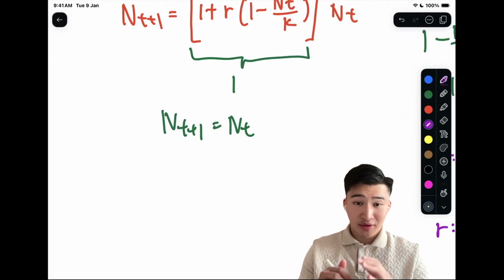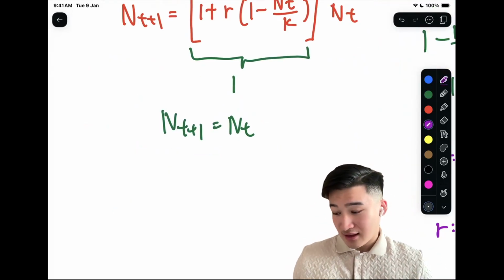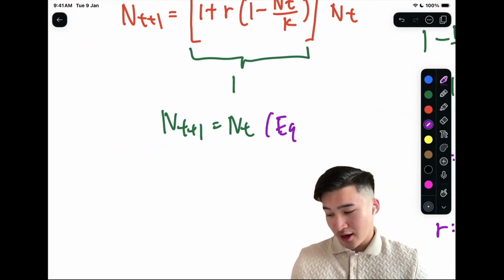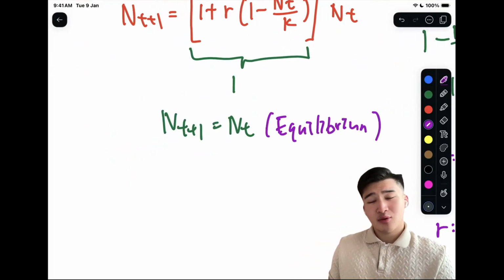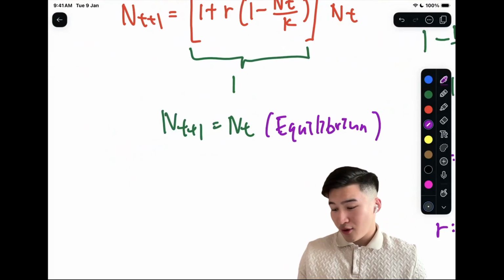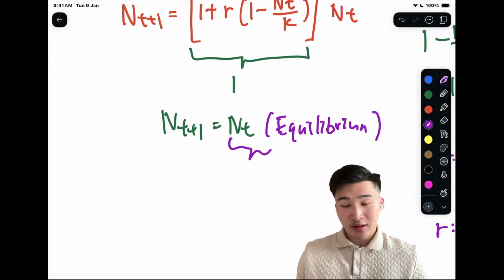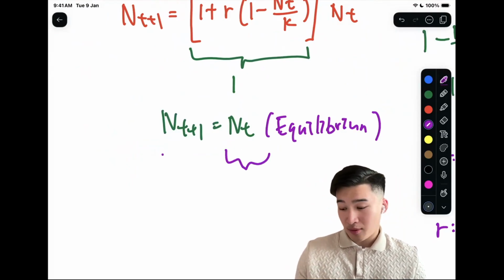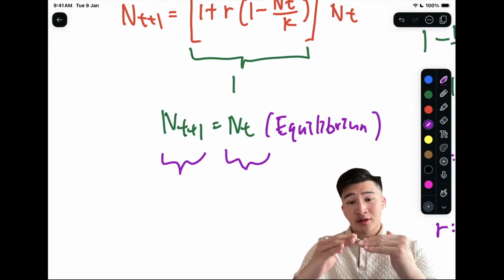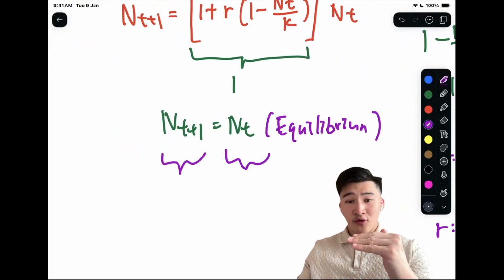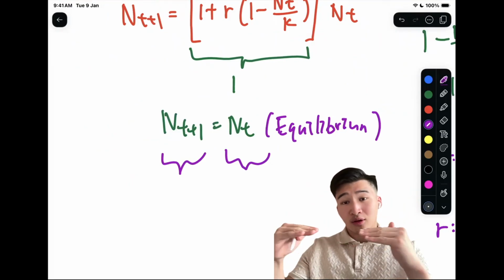Now, this is probably the most important concept here because this is the concept of equilibrium, which is another video that I'm going to make in the future. But basically what it's trying to say is, no matter what, the current population is going to be equal to our population for tomorrow. Basically, our population number today, tomorrow, and so on is going to stay constant. We're at an equilibrium.